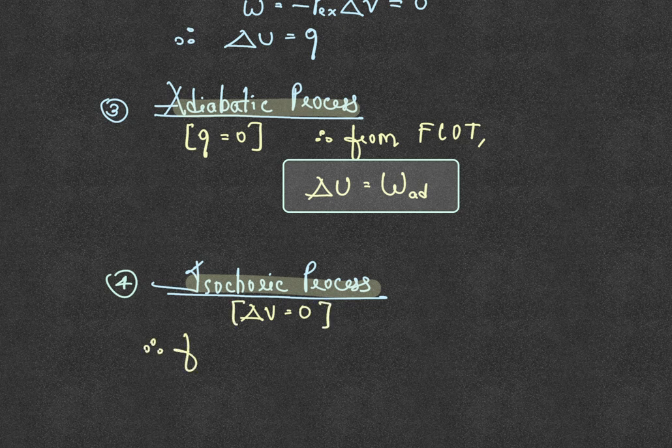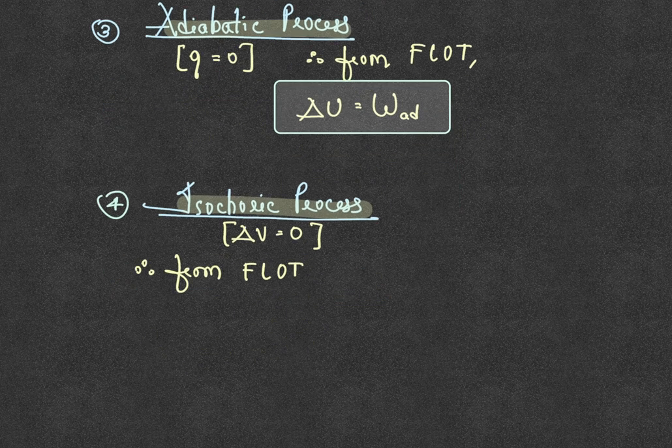Therefore, from first law of thermodynamics, delta U is equal to QV minus P external into delta V. But delta V is 0.